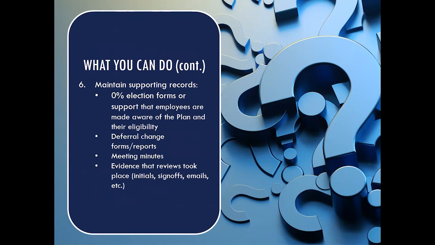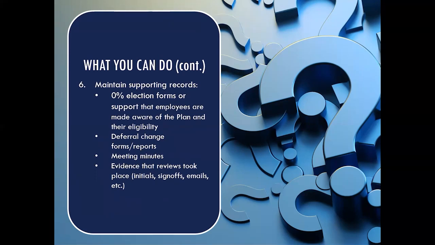Even in the world of automation and electronic or virtual plan records, it's important to understand that audit trails and documentation are still key. So check with the TPA periodically for records that they have and retain.